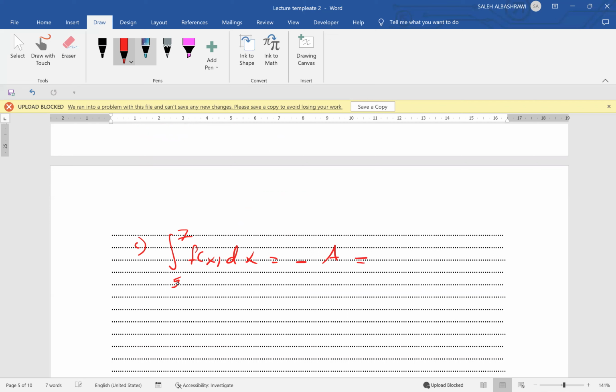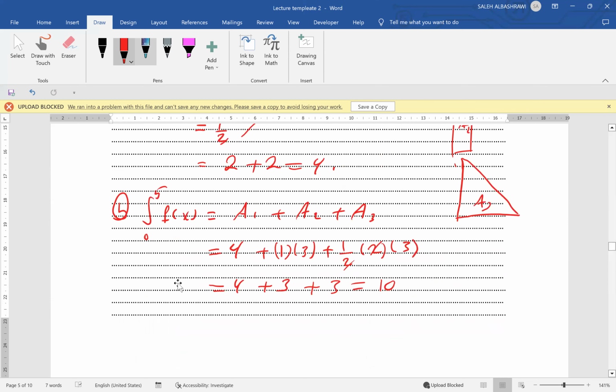The area is given by 1/2 multiplied by the base, which was 2, multiplied by the height, which is 3. This is equal to minus 3. So the value for this definite integral is equal to minus 3 because the curve is under the x-axis.